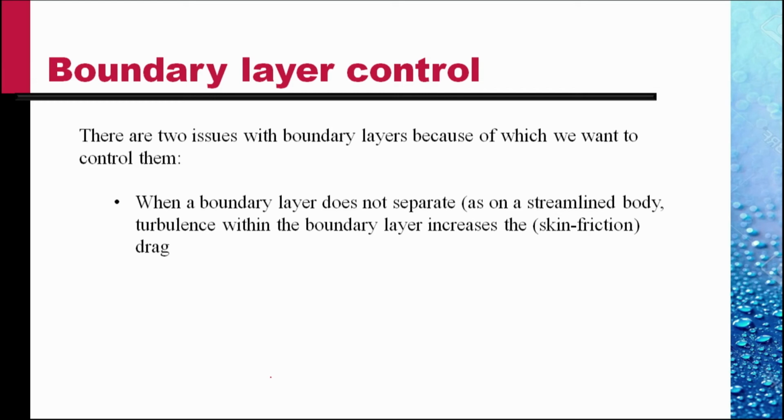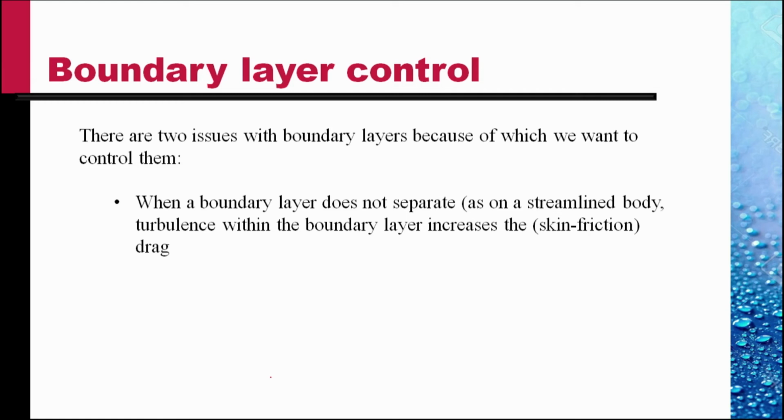We have said on a streamlined body, the pressure drag is low, but the skin friction drag dominates, and skin friction is more in turbulence than in laminar. So we'd like to keep boundary layer laminar on streamlined bodies.